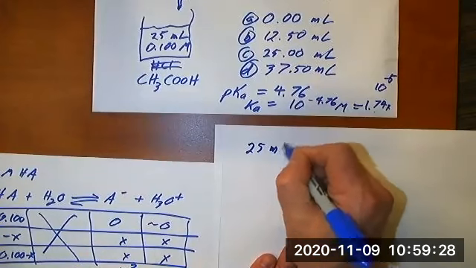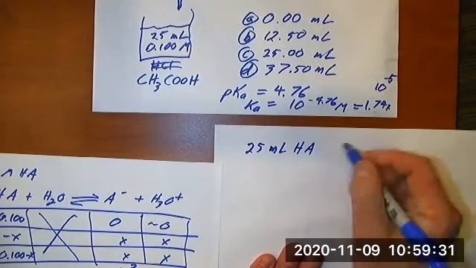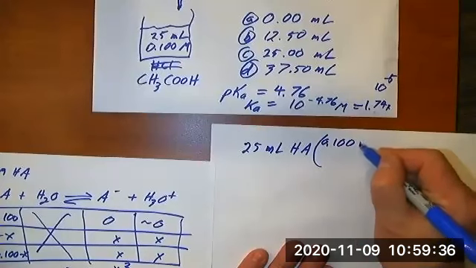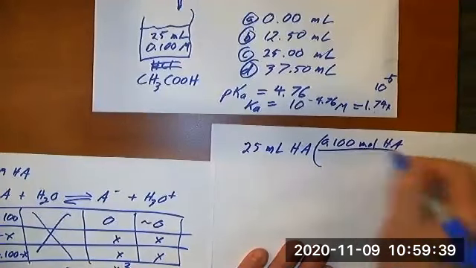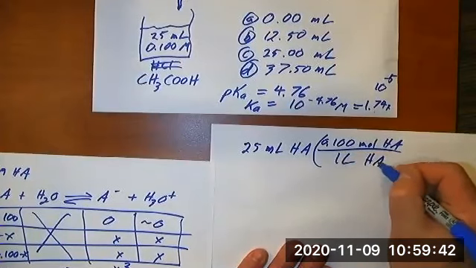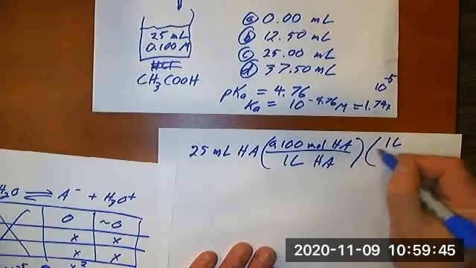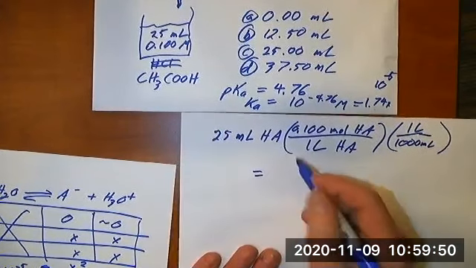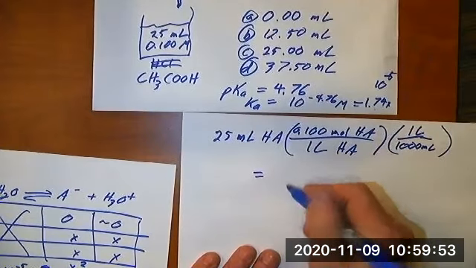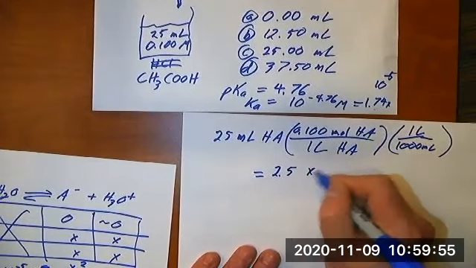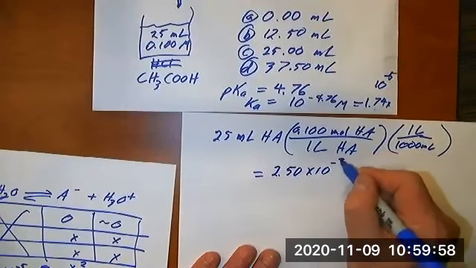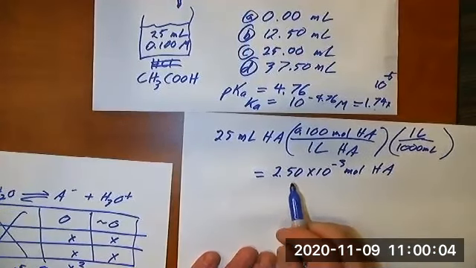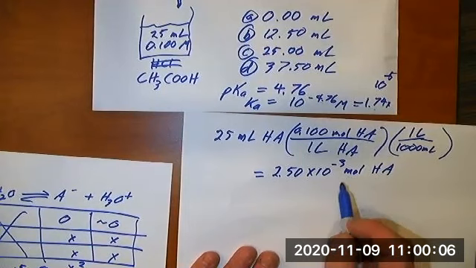So 25 milliliters of our HA times our initial concentration of 0.100 moles of HA over 1 liter of HA. 1 liter is 1,000 milliliters. And we find that we have, once again, the same number we had before of 2.5 times 10 to the negative 3 moles of HA that we started with. Now we are converting half of that to A minus because of the hydroxide.